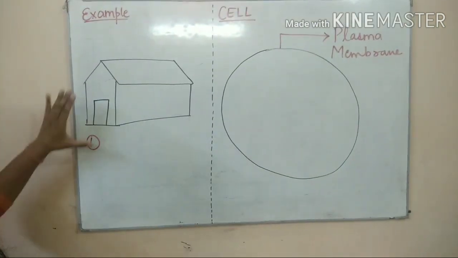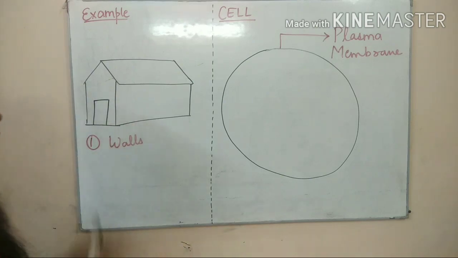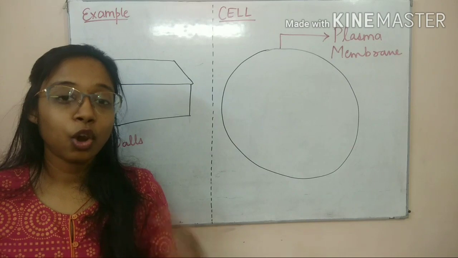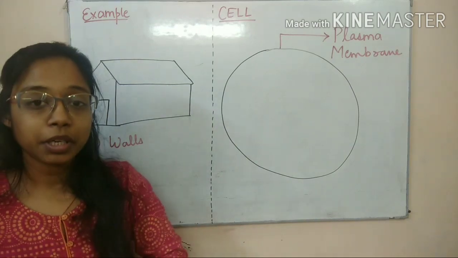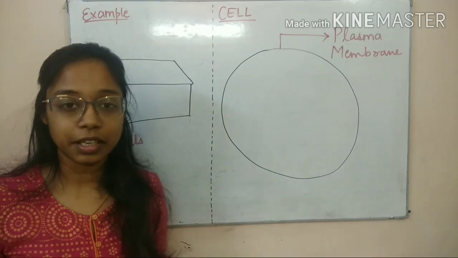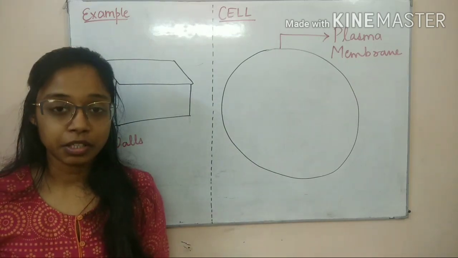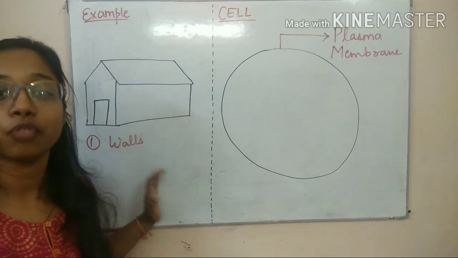Now, these walls and the gate separate the environment, but along with that, they do not allow anybody to get inside. Like in our house, not everybody can enter except our family members and occasionally our relatives and friends.